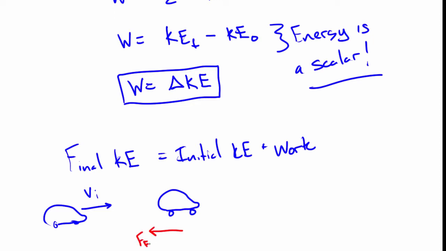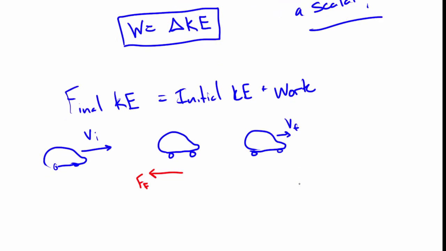In other words, the brakes do work on the car. So what happens at a later time after you've applied the brakes for a little while? Well, you're moving slower. Right? There's nothing really complicated here, but that's exactly what our equation says. Right? So here we have a large KE. We apply brakes, so the brakes do work.